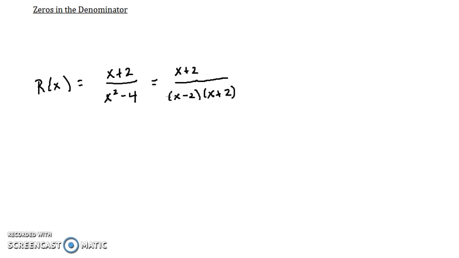Well, what happens when we get close to +2, when x is close to +2? If you remember from when we looked at the graph of 1 over x, as we got closer and closer to 0, this thing started getting bigger and bigger, and it gave us that L shape with an asymptote.